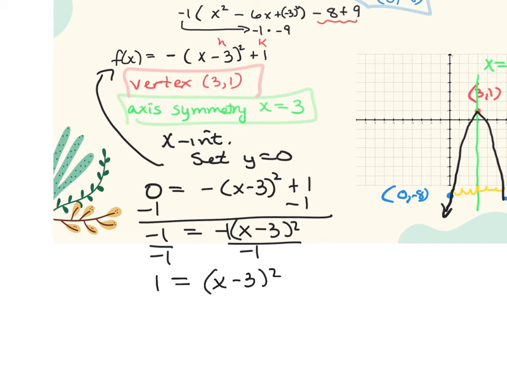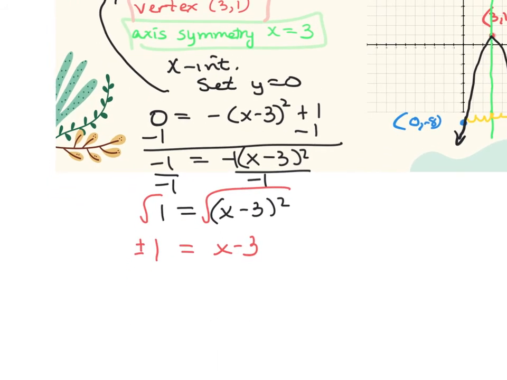And now I'm going to use the square root method. This gives me plus and minus 1 because the square root of 1 is 1. And now when I go to isolate x, I'm left with 3 plus and minus 1 equals x. I actually have to do the math here.